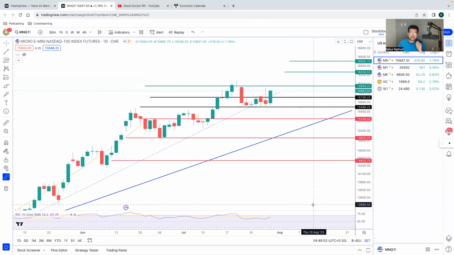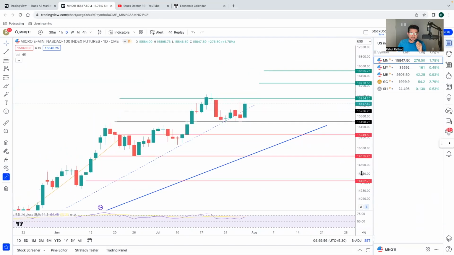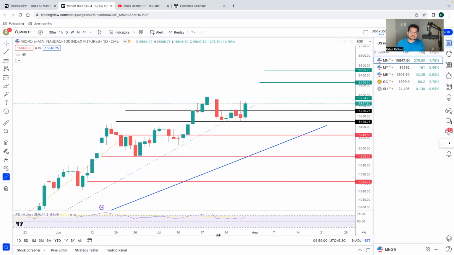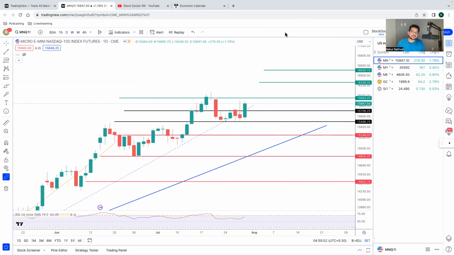This is the day chart. Right now I can see 15,700 and 15,500 is an important support area. The first target now is 16,000. So to me, I need to watch the level of 16,000, 16,050.